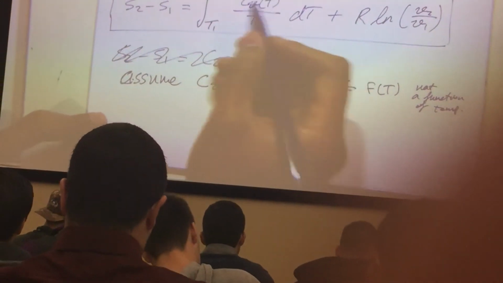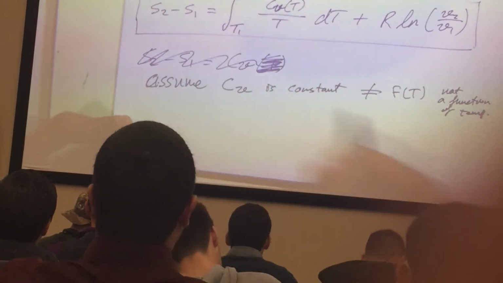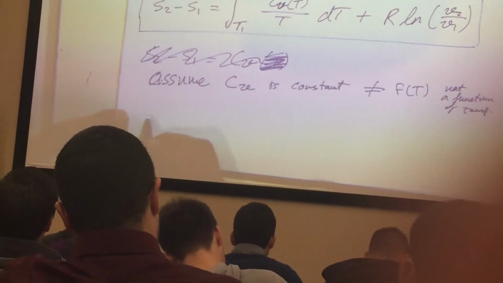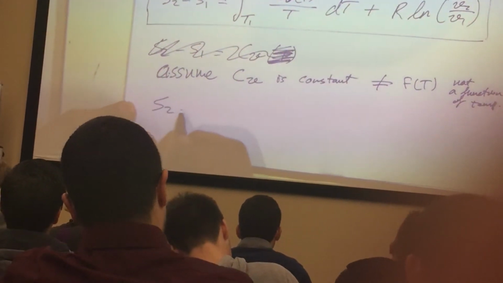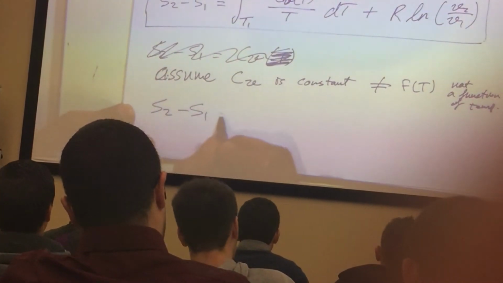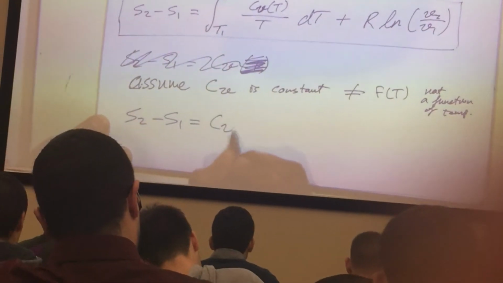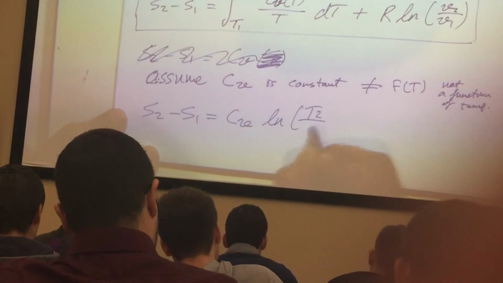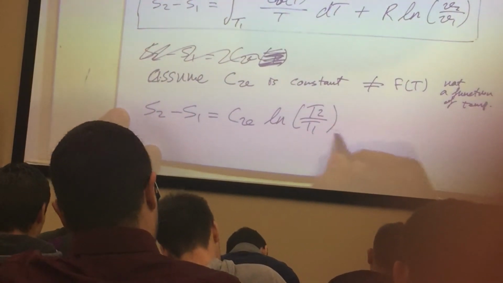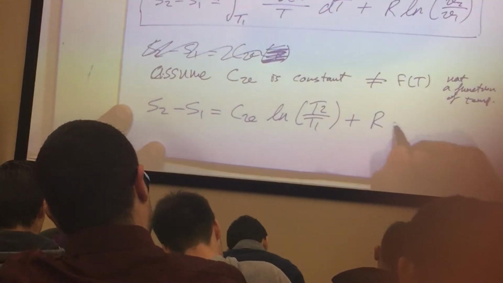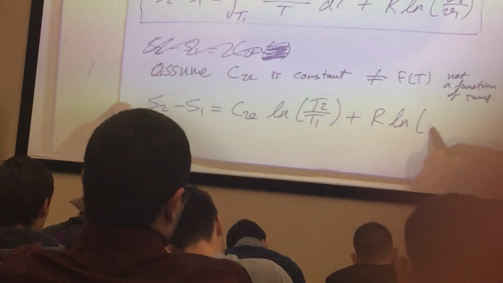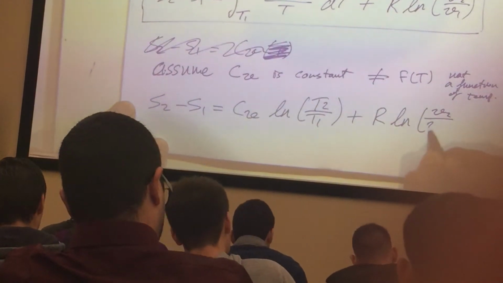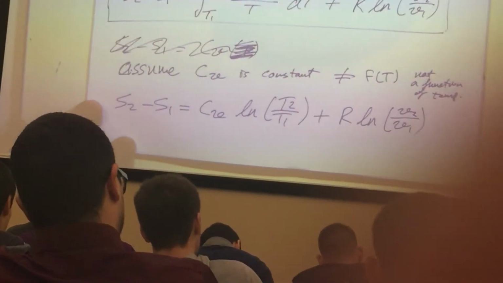If it's not a function of temperature, then it's constant, so I can take it out of the integral and do the integration relative to T. So I'll have S2 minus S1 is equal to Cv, the natural log of T2 over T1, plus R, the natural log of the volume ratio.